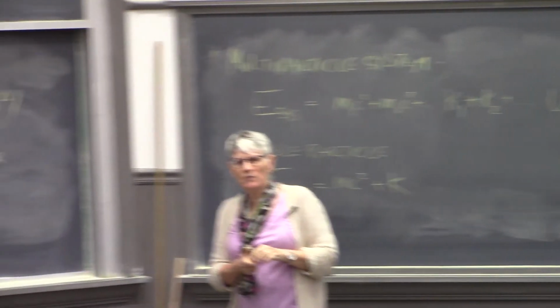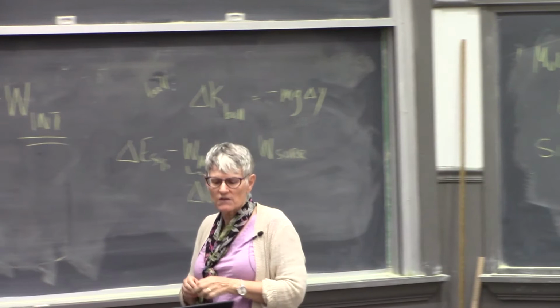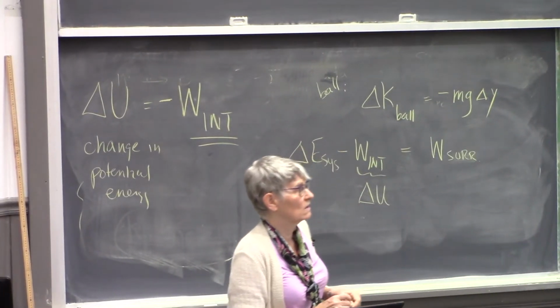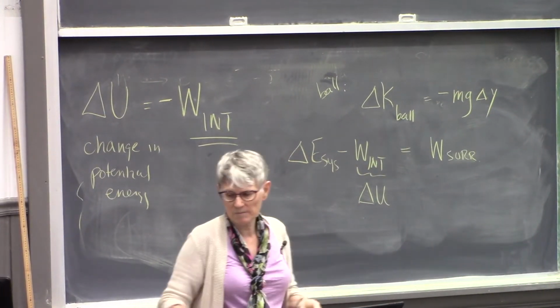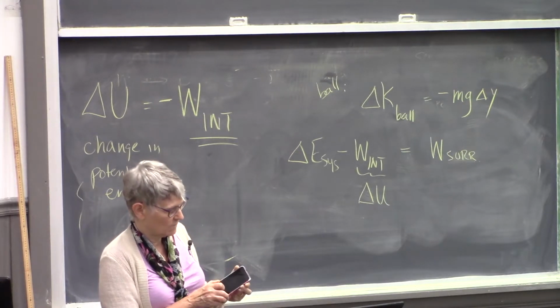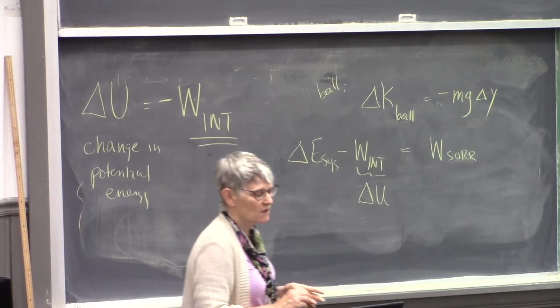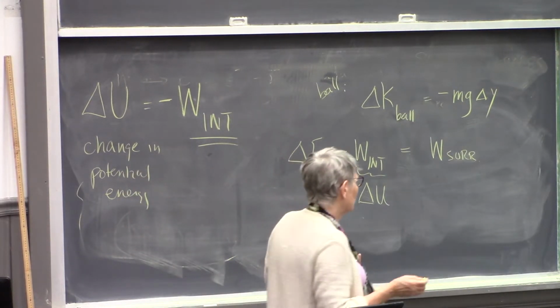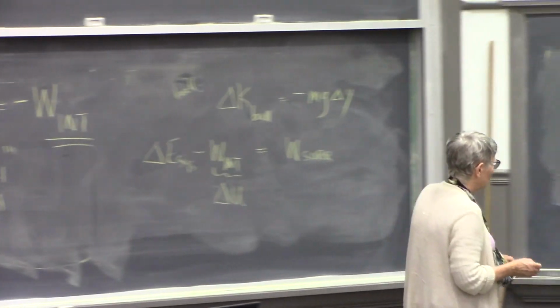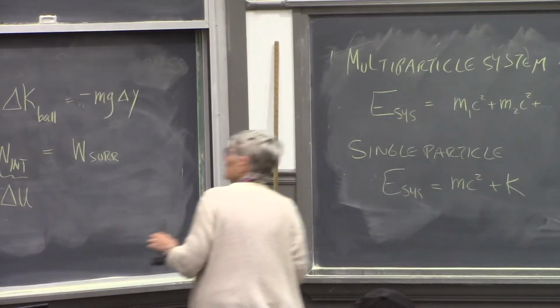But let's see what it would be in a more general case of two objects interacting gravitationally, like a planet and a star.